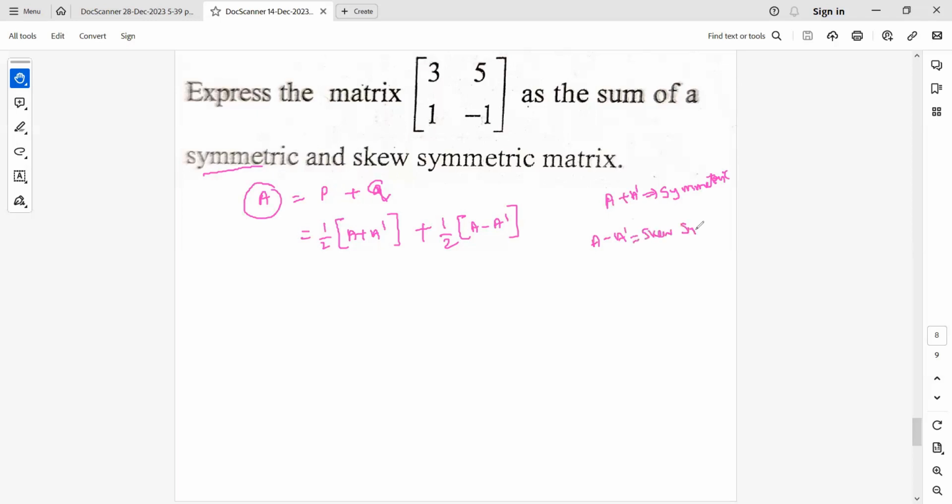So we are taking the sum of the symmetric part and skew symmetric part, and we are getting the square matrix A. We will discuss the solution of this. Okay, so a 3 mark question is asked on this concept.